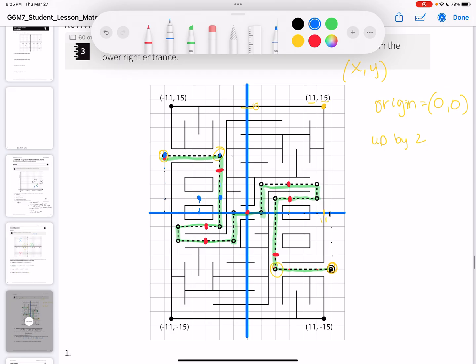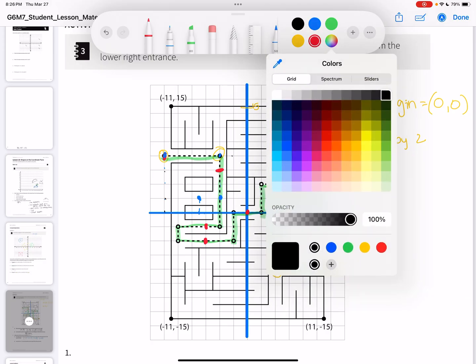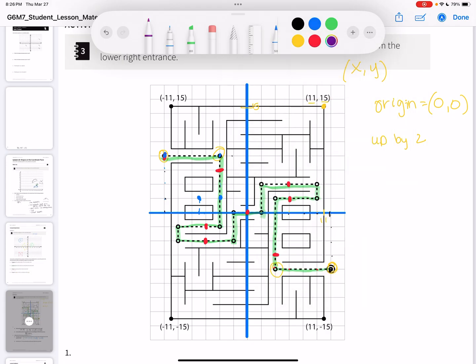All right. So again, I'm going to get a different color here because I can. I'm going to choose, ooh, let's do like this purple color. All right. So we're going to count again by tens. So she goes 1 there. 1, 2, 3, 4, 5, 6, 7, 8, 9, 10. That's 1, 2, 3, 4, 5, 6, 7.